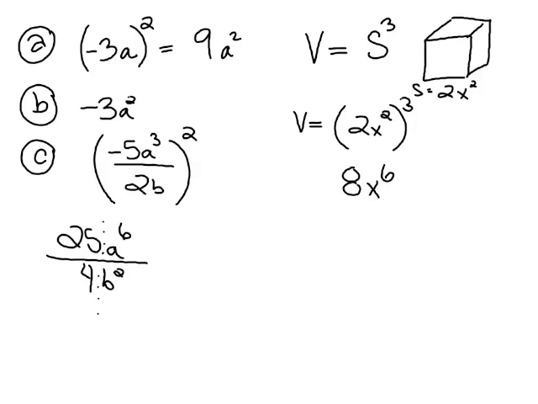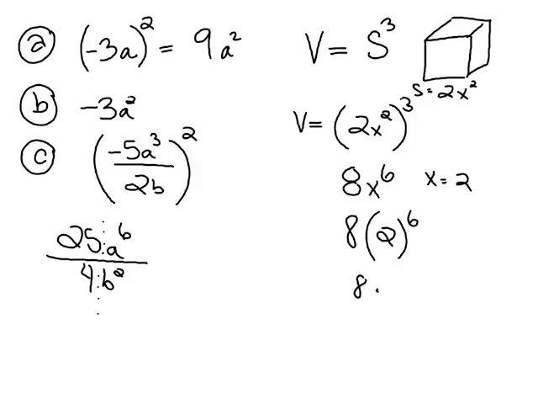And then it says substitute 2 for x. So they give me an x value. Write it 8 times 2 to the 6th. So order of operations, I need to take care of the exponent first. So what's 2 to the 6th? 2, 4, 8, 16, 32, 64.